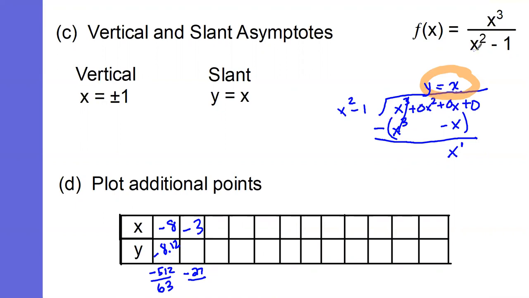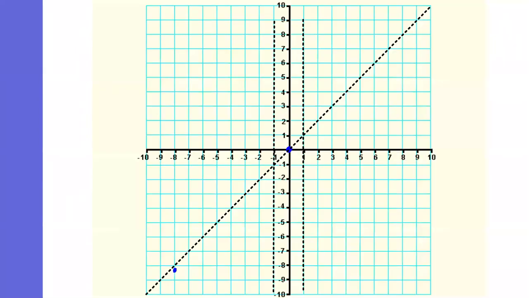Negative 3 squared is 9. 9 minus 1 is 8. Negative 27 over 8 would be negative 3 and 3/8. So negative 3 and 3/8, let's plot that point. Negative 3 on x and negative 3 3/8, so not quite at that mark, about right there.